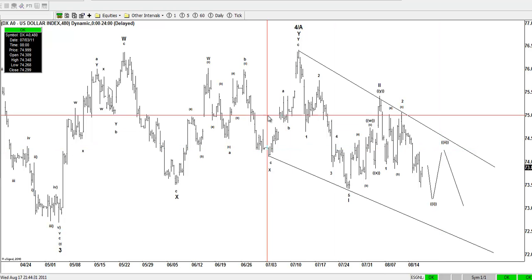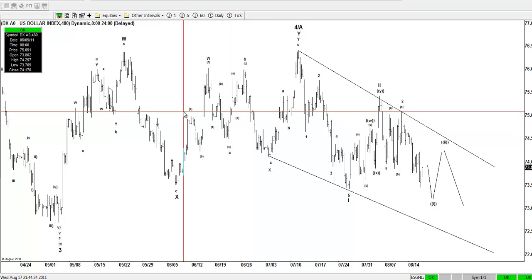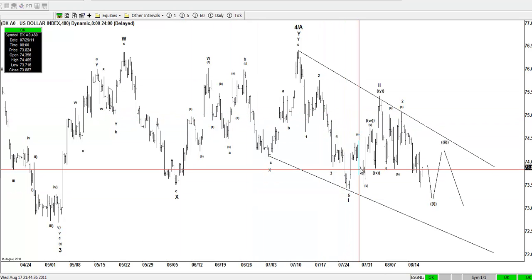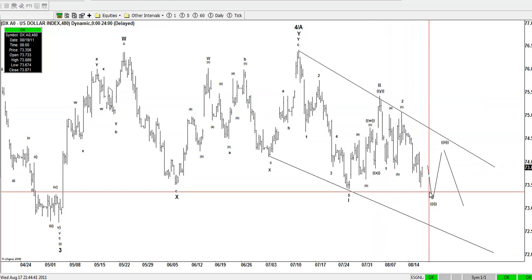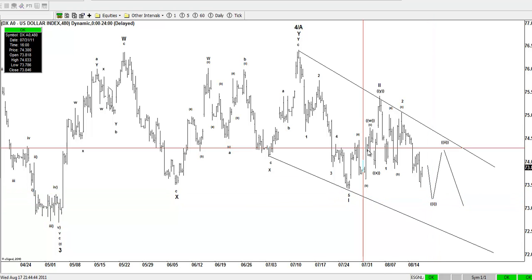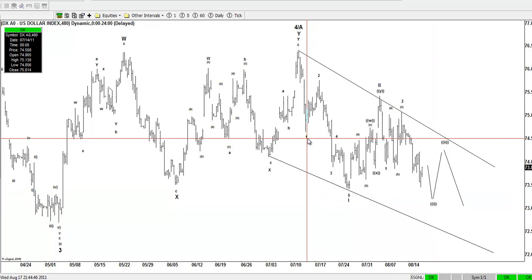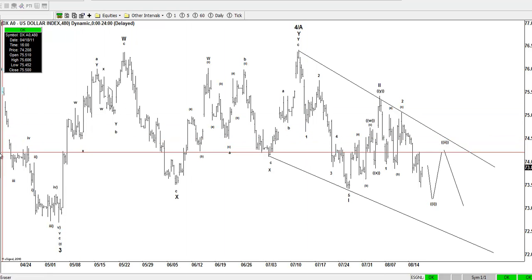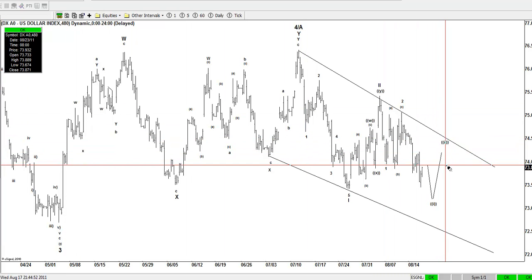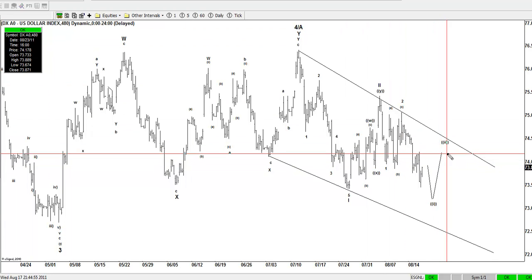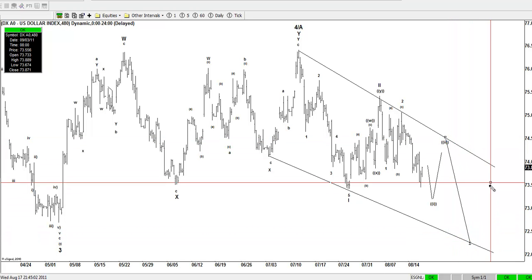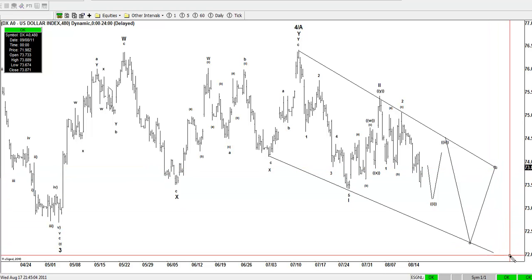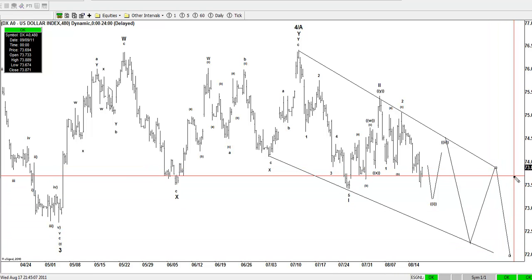Now a secondary scenario is when this is 1, you got a 2, and then this is A B C, and now we are ending what looks to be this 1 in an ending diagonal, wave 5. Remember, we are in an ending diagonal in the dollar, and being the case, it's gonna be a recovery around 74.50, and then the dollar is gonna drop in wave 3, and then a 4 and another drop down. That can be another scenario.